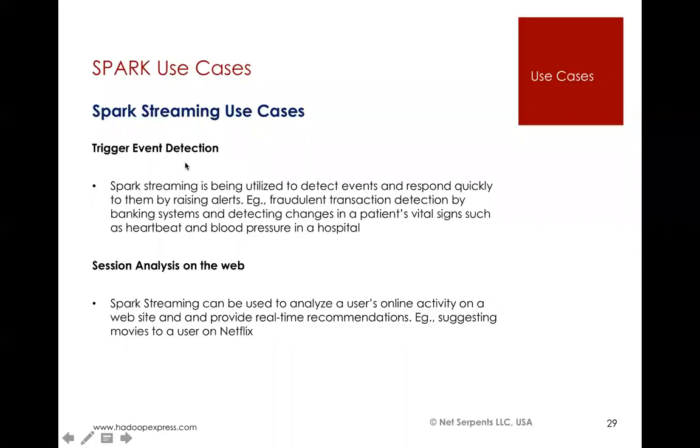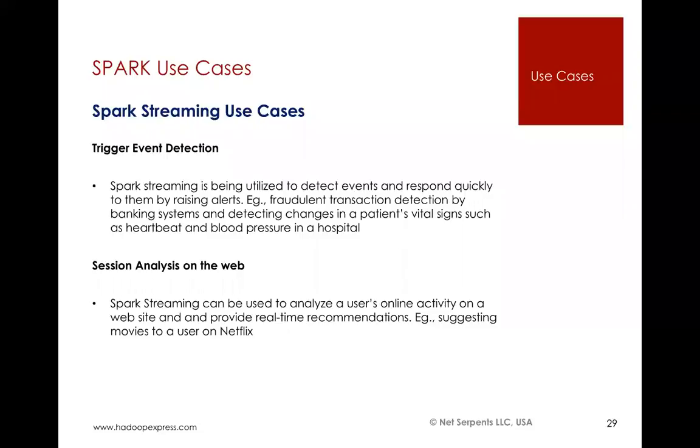Triggering event detection. These days, you might have noticed sometimes you suddenly realize that you're using your credit card and it's not working anymore. What happened during that time? Using either Spark or something similar, the bank detected that the transaction on your credit card is suspicious.